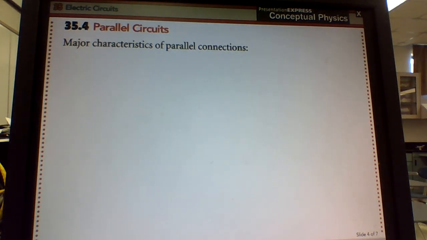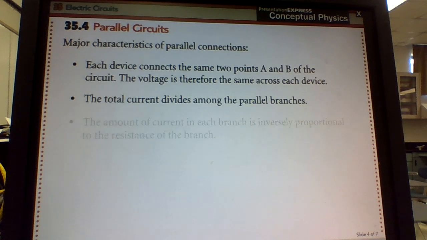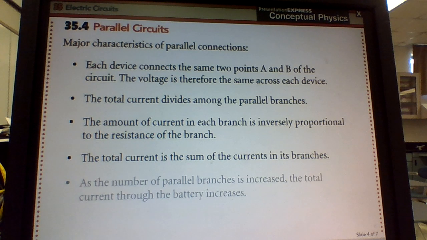So the major characteristics of a parallel connection: each device is going to connect to the same 2 points, A and B, so that you have a connection to the positive and a connection to the negative side of the battery. And because you connect to this same A and B point, the voltage is the same across each device.